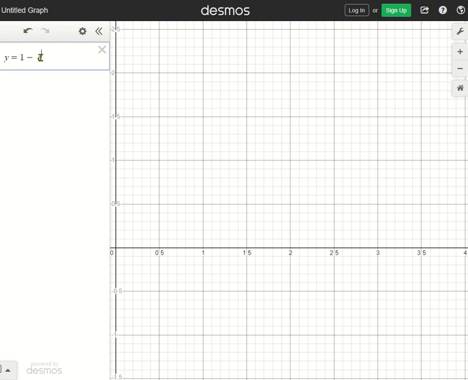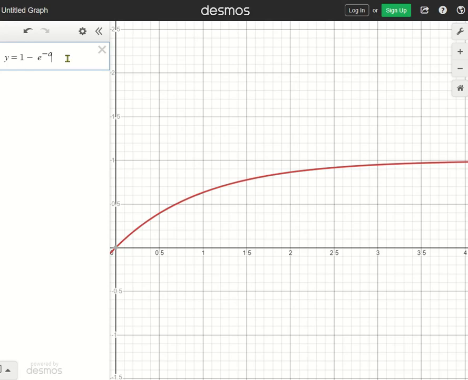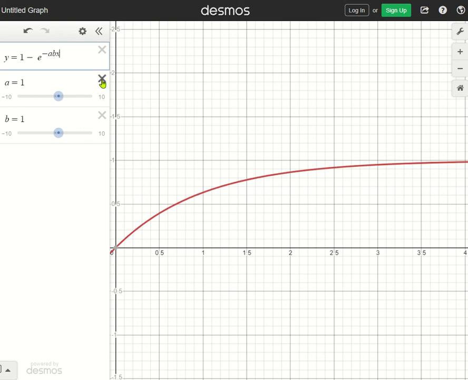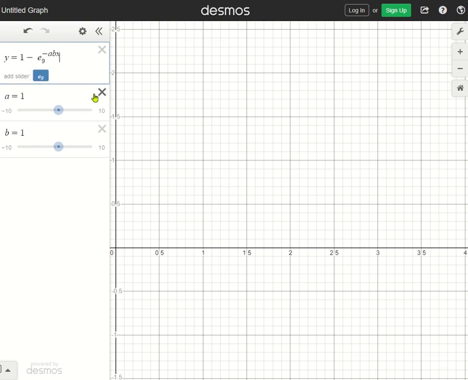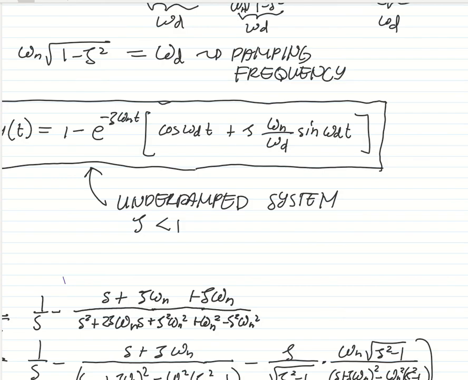So we have 1 minus e, then this will be raised to negative, let's say our zeta is a, then we have our omega n, let's call it b. So you just multiply it by b. Then let's make a slider so that we can adjust it later on. Then you multiply it with x for our t variable. Then you multiply this with the next one.